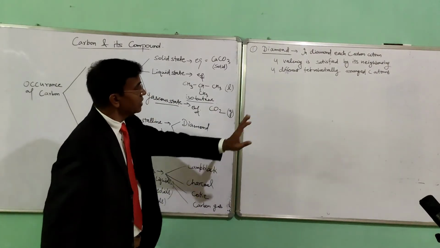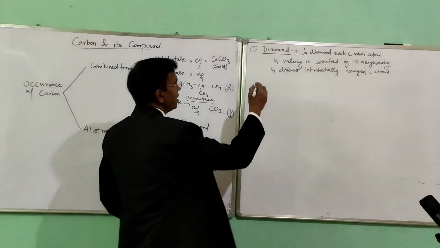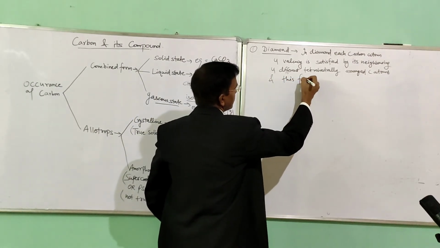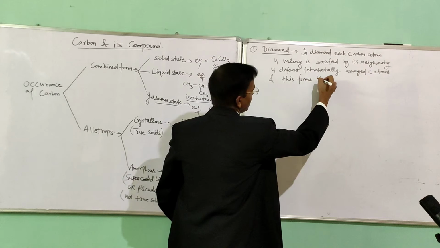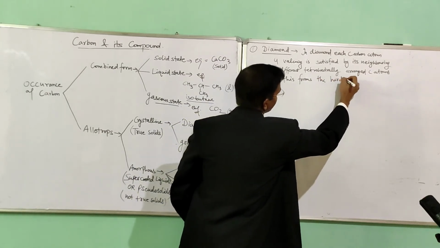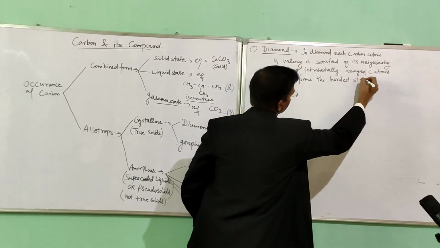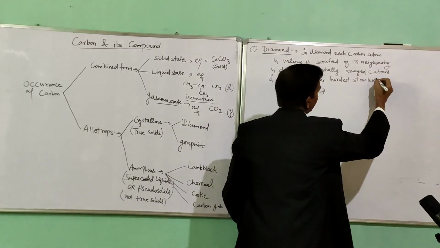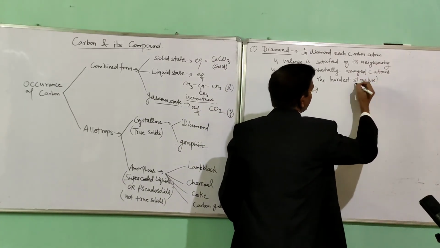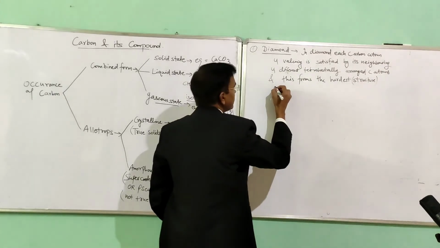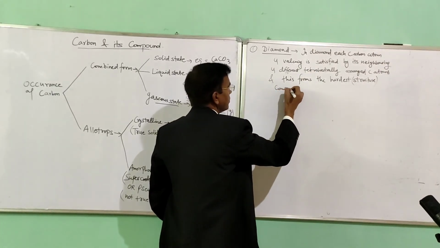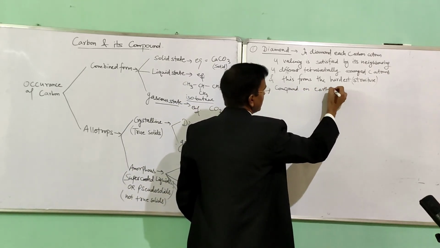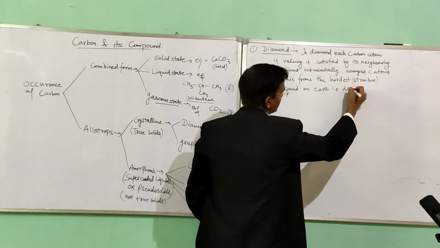On earth, it is the hardest structure, or you may say, better to say, the hardest compound on earth, that is diamond.